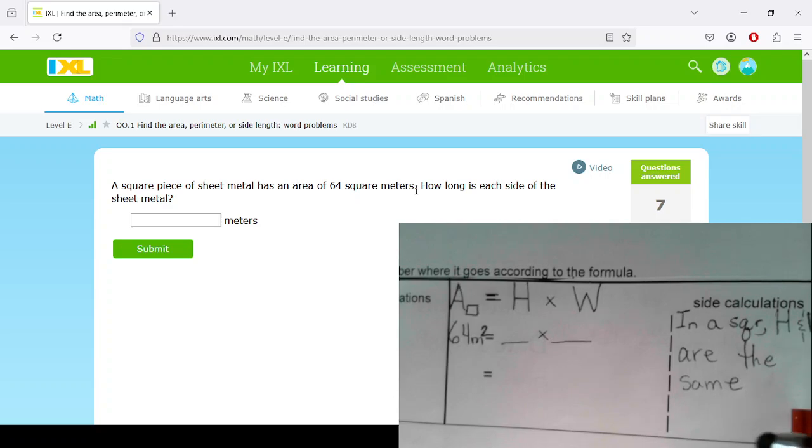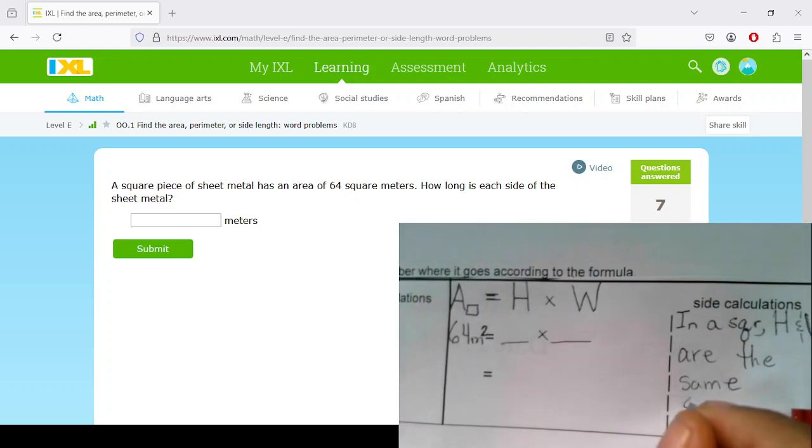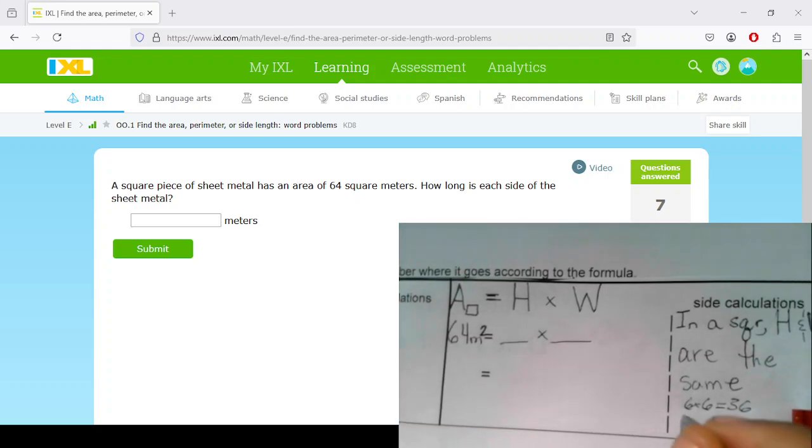I know that 1 times 1 is 1, which is too small. I know that 10 times 10 is 100, which is too big. I know that 5 times 5 is 25, which is too small, so I'm going to go up from there. I'm going to think, okay, 6 times 6 is 36. Still too small. 7 times 7 is 49.